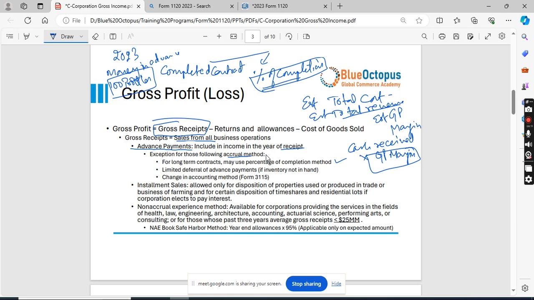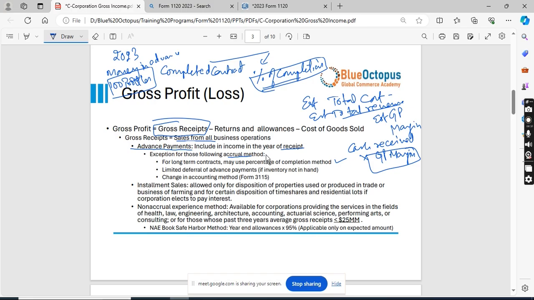Then if there is any change in accounting method, let's say you were using cash method to accrual method, or accrual method to cash method. If there is any advance payment adjustment because of the change in accounting method, then also you don't have to report it in the year in which you have received.